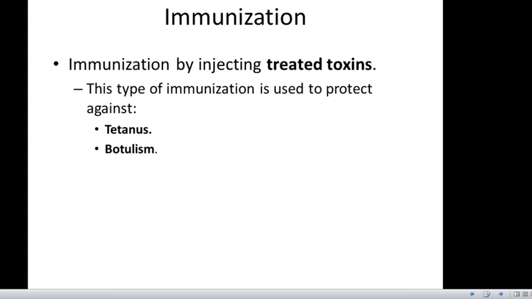Immunity can also be achieved against toxins that have been treated with chemicals so that their toxic nature has been destroyed, even though their antigens are still intact. This type of immunization is used to protect against tetanus and botulism.